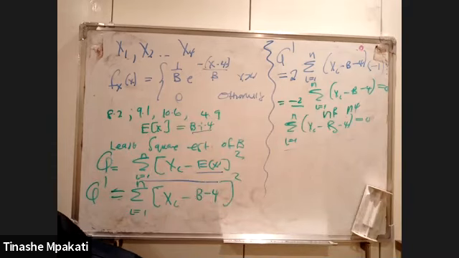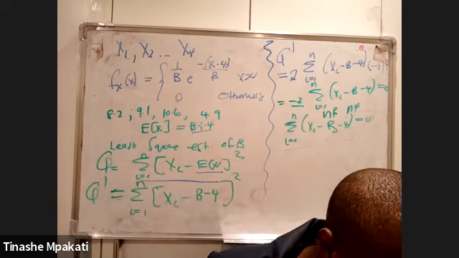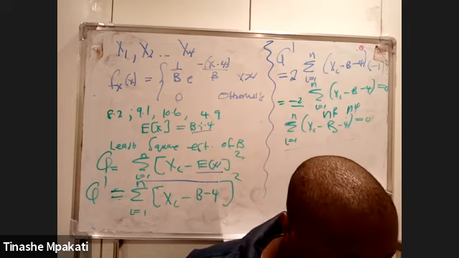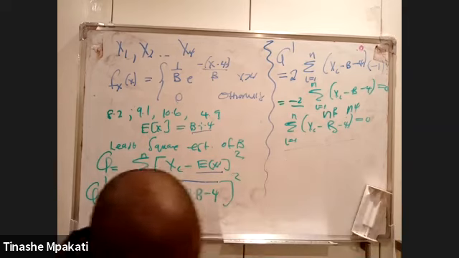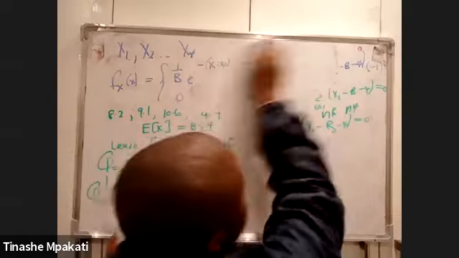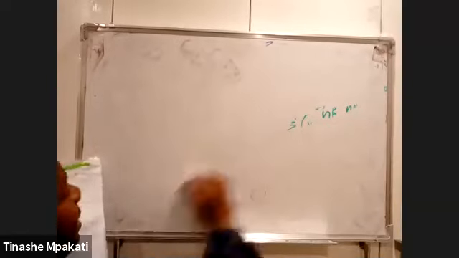Cool. So I want us to quickly also go over the method of matching quantiles. Again, also quite a relaxed method, right? Not very difficult. And it goes as follows. Method of matching quantiles. It tells us the following.